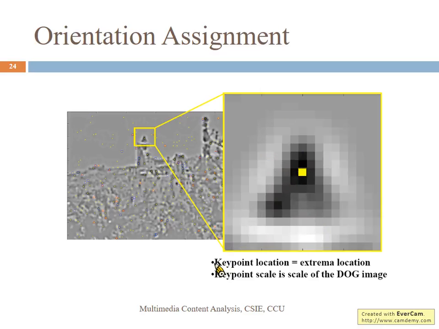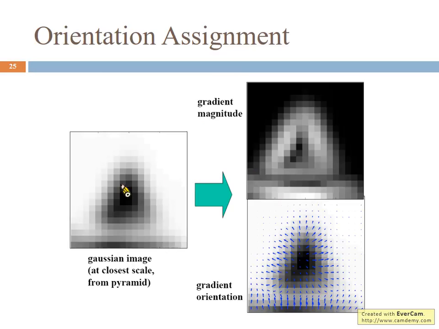Okay, so right now the key point is located at this point, and we can find a patch centered on this pixel, and then calculate the gradient magnitude and the gradient orientation from each pixel in this patch. So how can we do that? Before calculating the gradient magnitude and the orientation, we first do a Gaussian blur centered on this pixel.